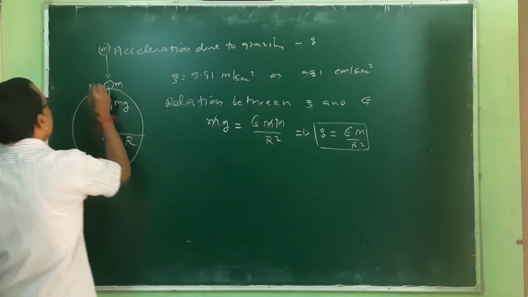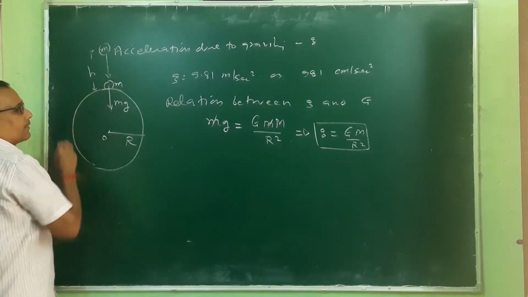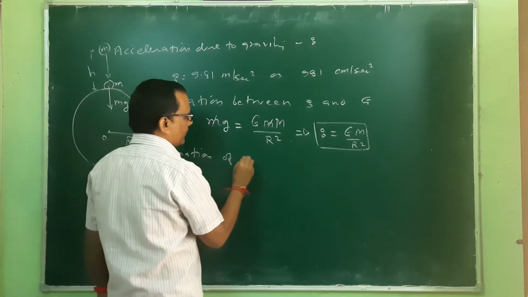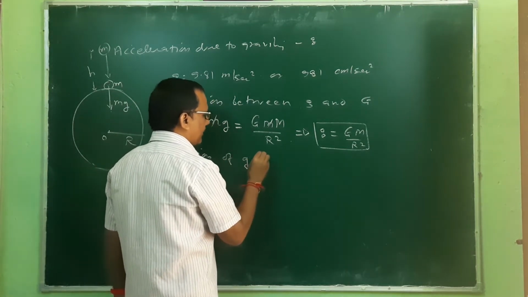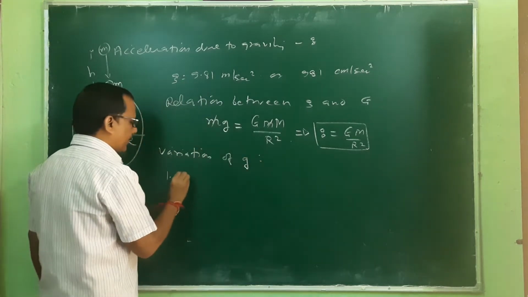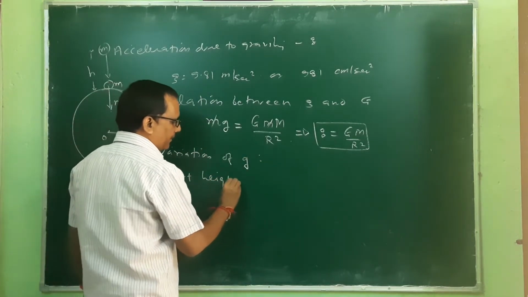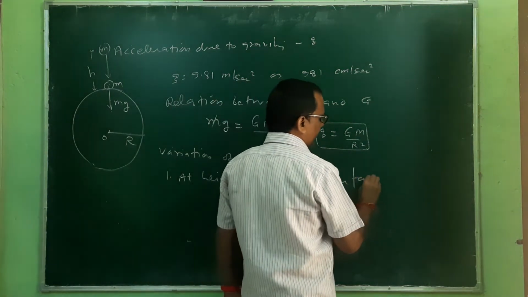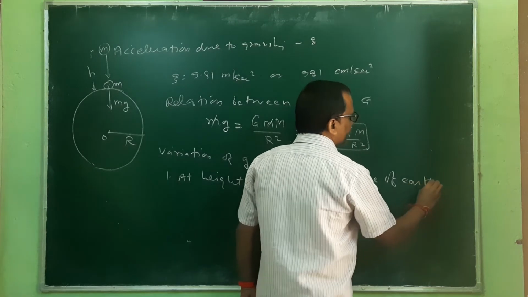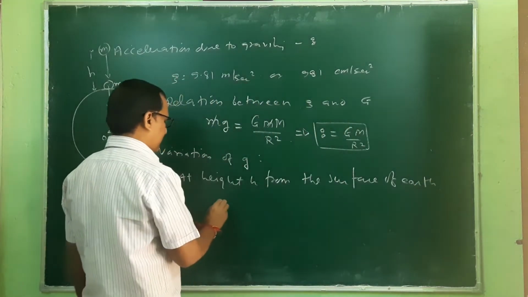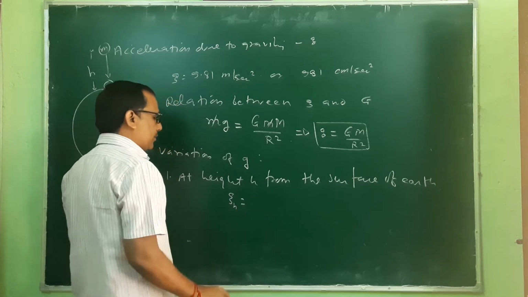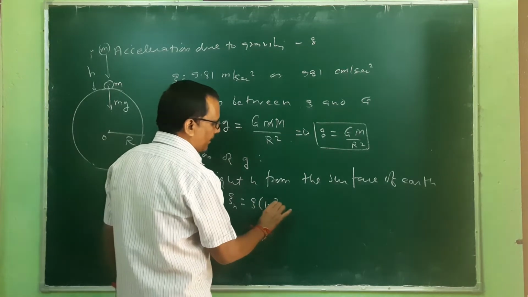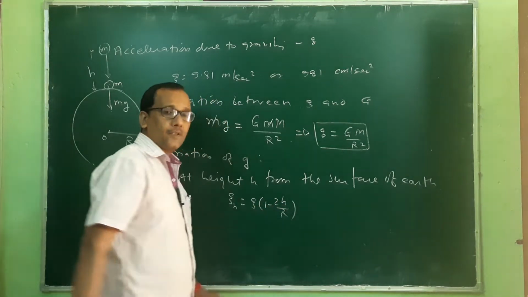First, at a height h from the surface of Earth, that is g h, it is equal to g, this is on the surface, times 1 minus 2h by R. We have derived this formula in the last class.